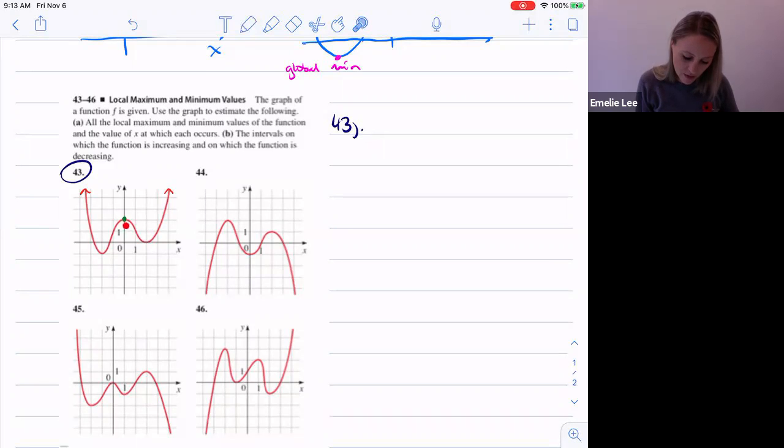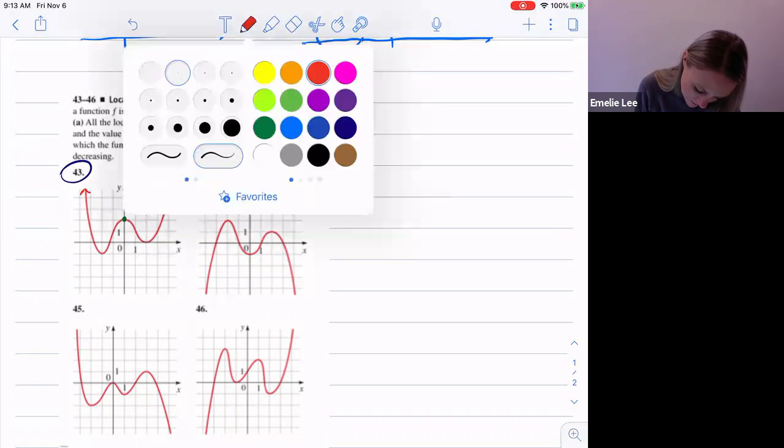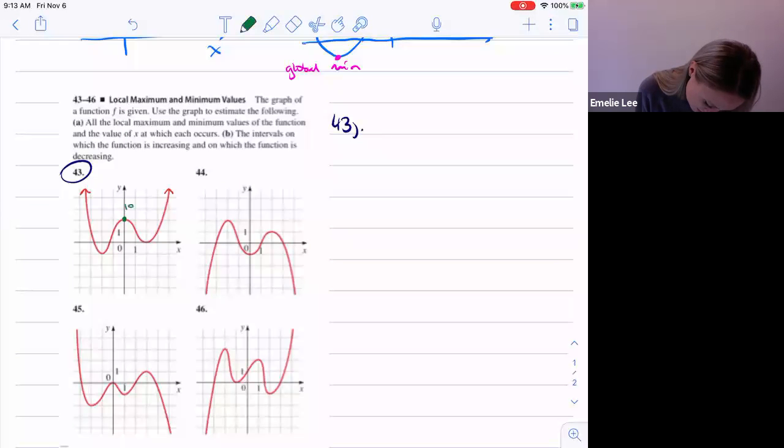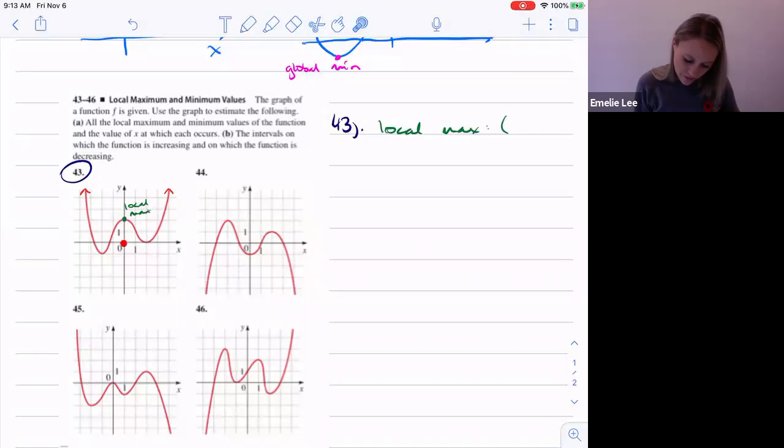So this is going to be a local maximum because there are points that are higher than it. And here, this is our local max, and the local max is at what point? X is 0 and Y is 2. So (0, 2).